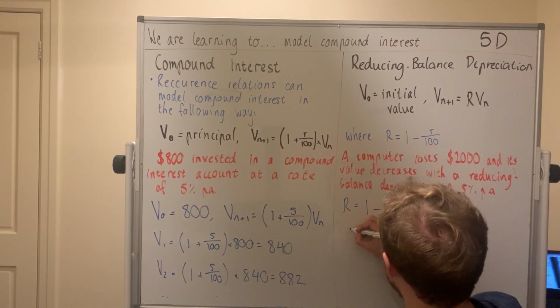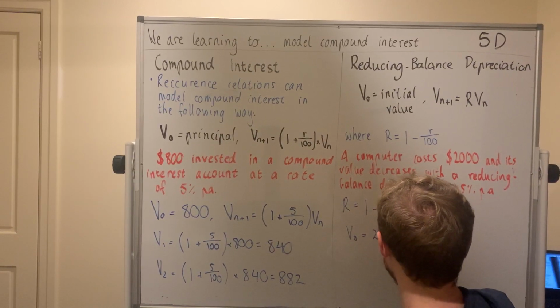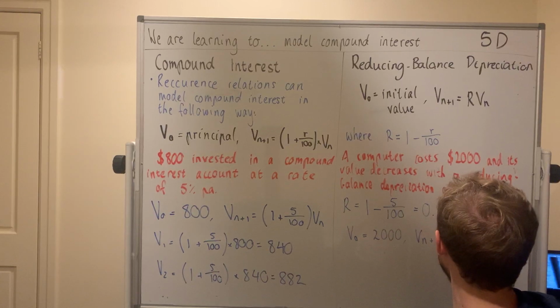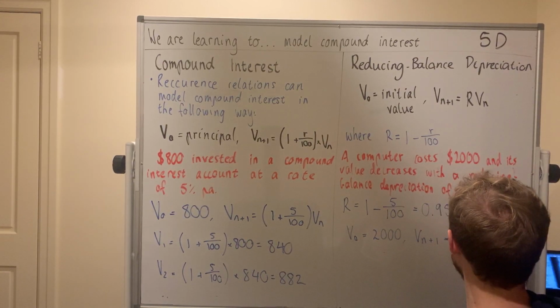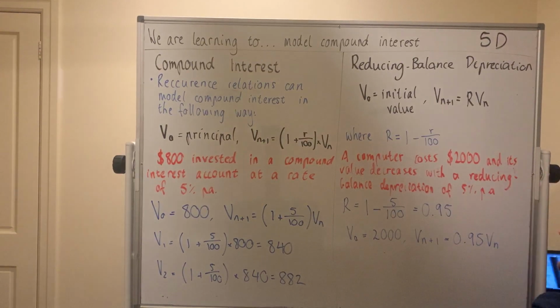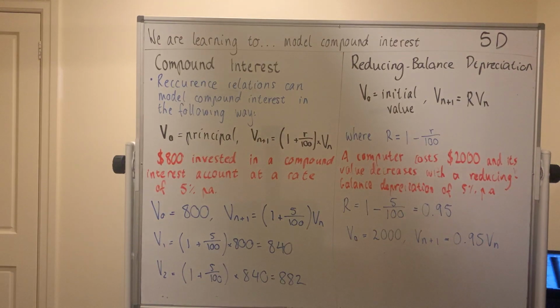So then to write in the recurrence relation, V0 being the initial cost of $2,000, Vn plus 1 equals that R value we worked out, 0.95, multiplied by the previous term of Vn. And that's our recurrence relation.